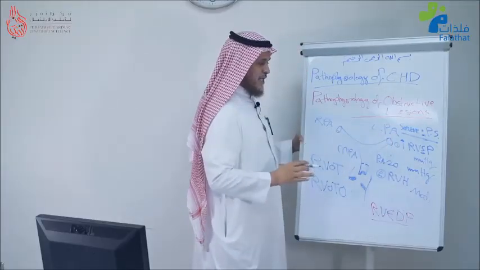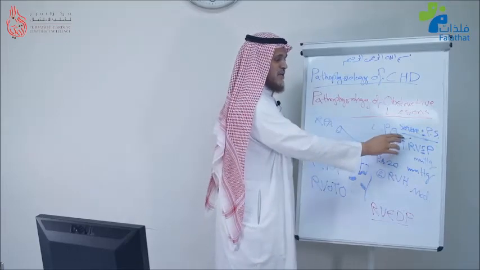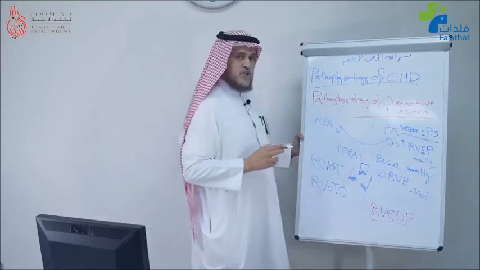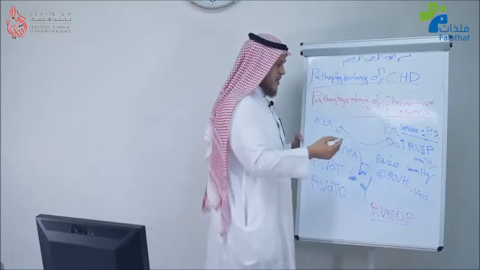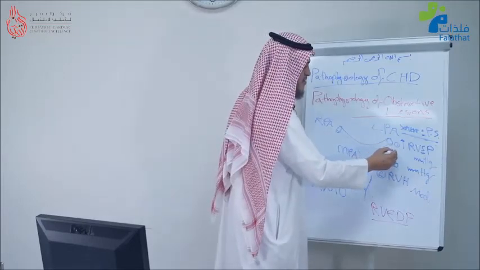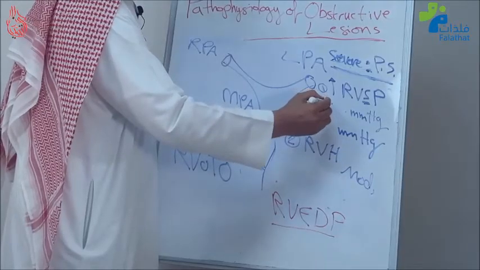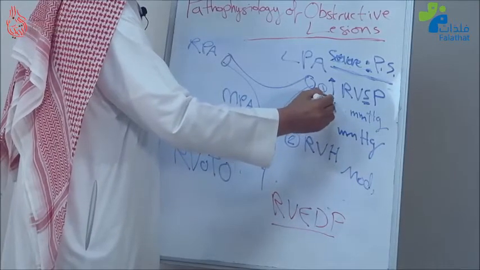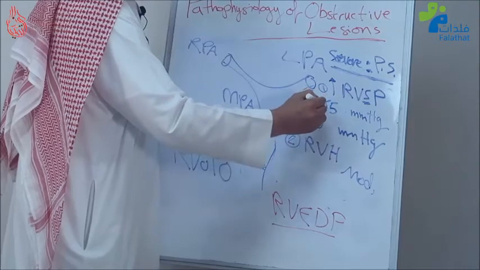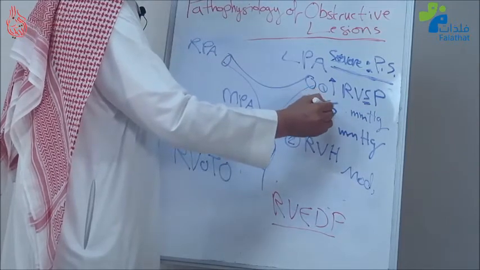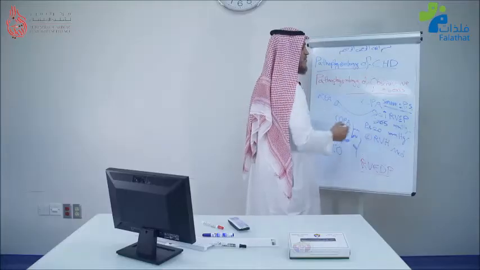Obviously and definitely we will have elevated right ventricular systolic pressure. How much elevation? Obviously above or equal to 60, or 65 if you want to be more accurate, 65 millimeter mercury.